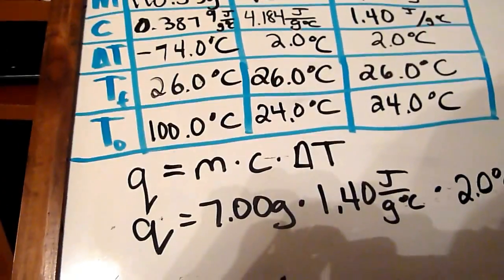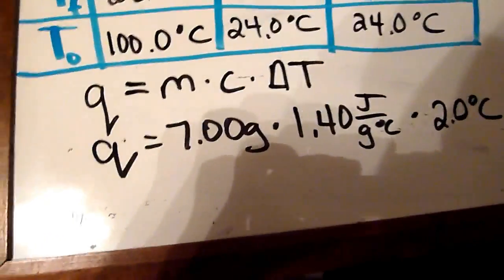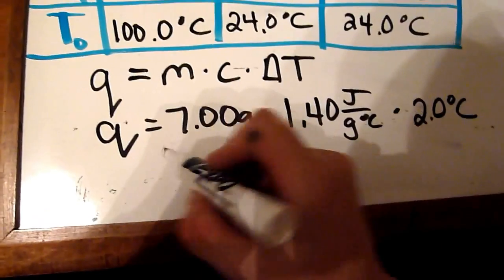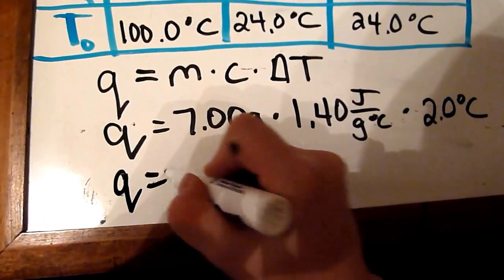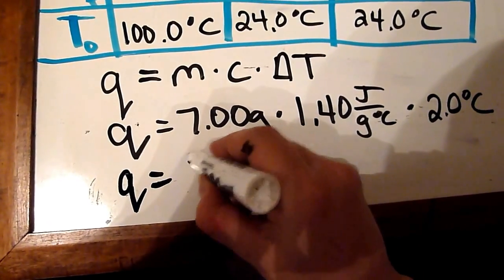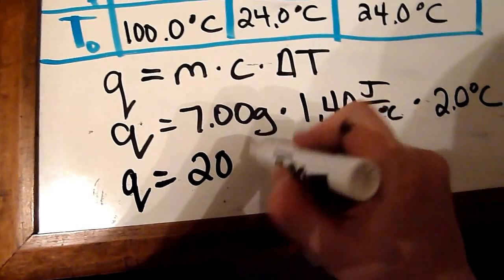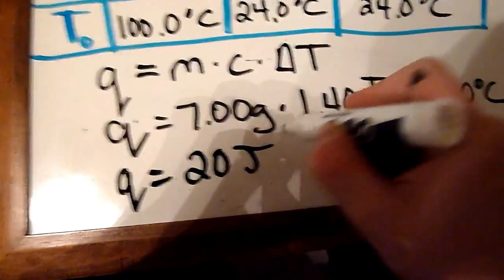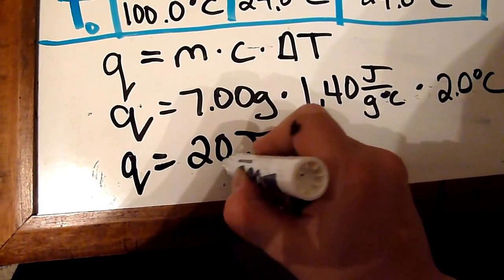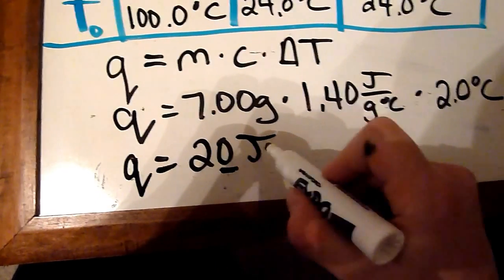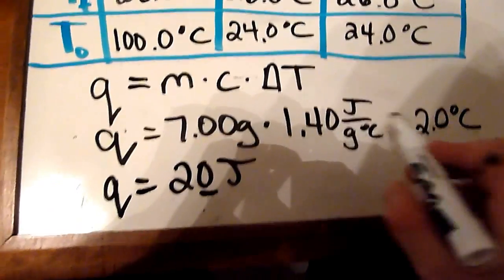If we type that into our calculator, we would find that we can only have 2 significant figures. Q for the calorimeter is going to be 20 joules. Both of these figures need to be significant, the 2 and the 0, to give us the 2 significant figures that we can have.